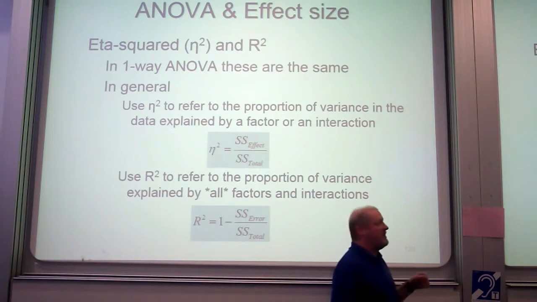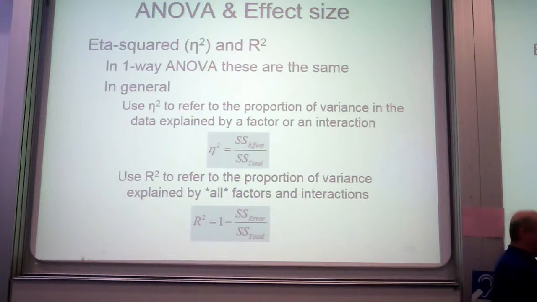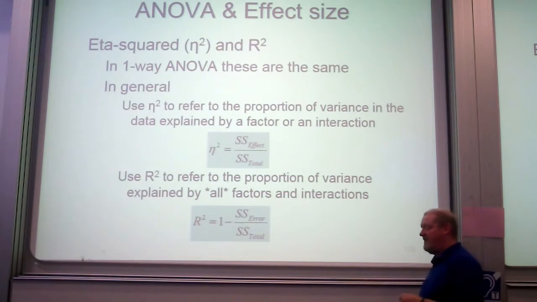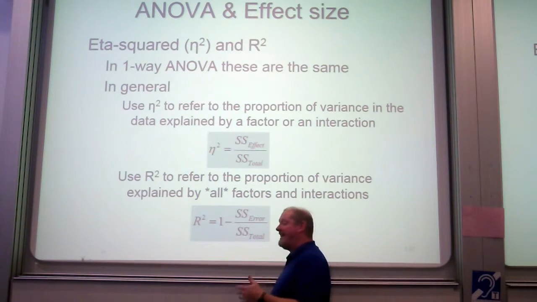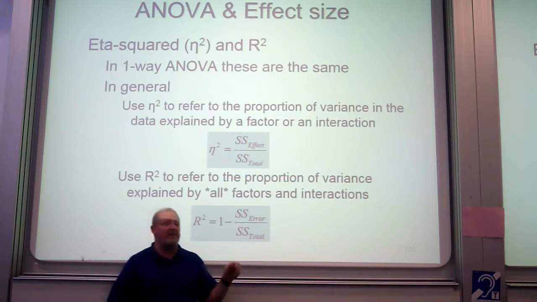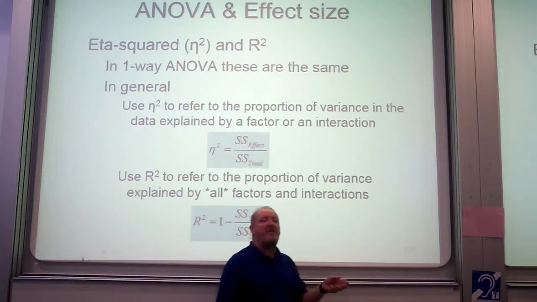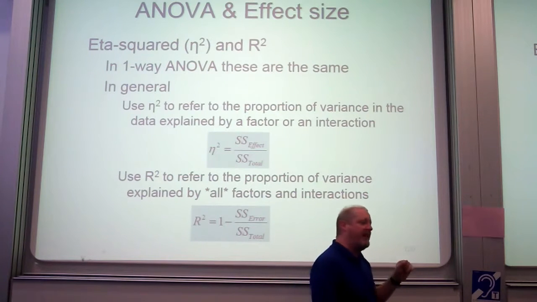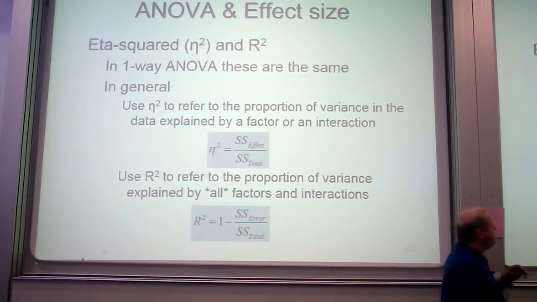Having said that, we'll now start talking about eta squared. Again, this is looking ahead to when the ANOVAs get more complicated. So eta squared and R squared are the same thing in a one-way ANOVA because there's one effect.